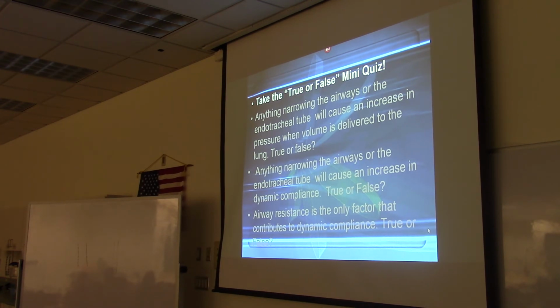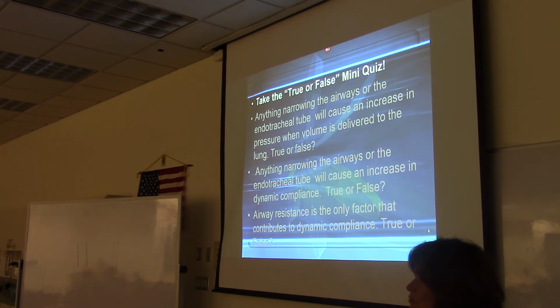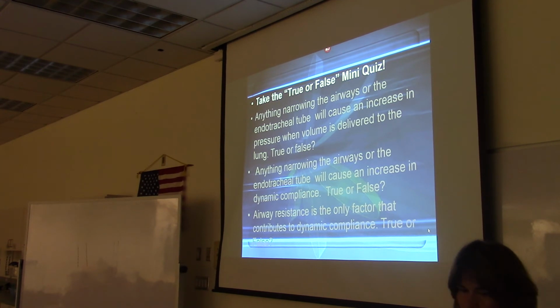Do you need to write the explanation next to it? All right, so circle false. And just write high pressure will give a low compliance value.